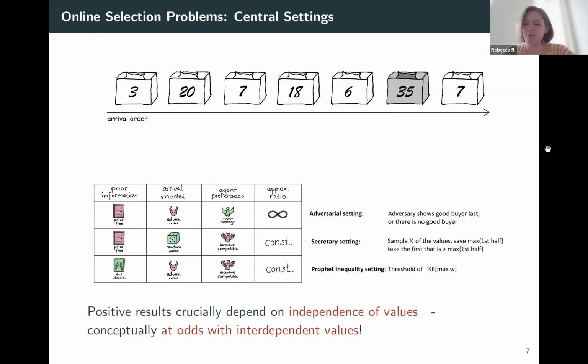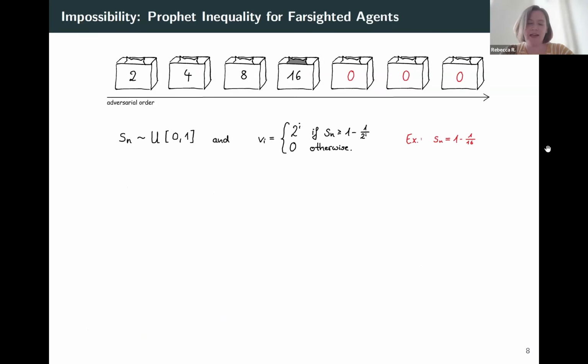And indeed, I'm going to open with showing you that it does. So let's look at this example here. Let's say everybody's only interested essentially in the signal of the last buyer. We're going to assume the prophet inequality setting. So there's this adversary, and he will send buyer n last, who is the guy with the important signal.